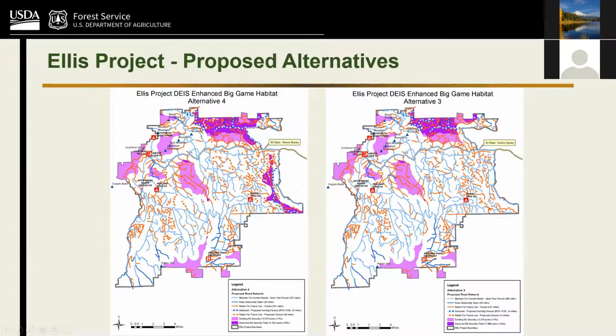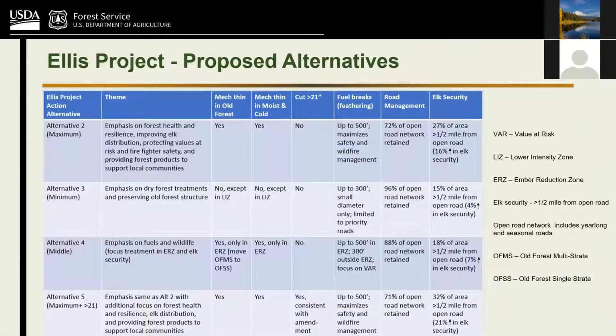Okay. Those are all the maps that I have, but now I have this table for you. Also taking another look at the action alternatives. And I want to really save time for questions at the end, so I'm not going to go through this all that much, because it is also on the story map and that info packet on the Ellis website. But you'll see, again, the theme of each alternative.